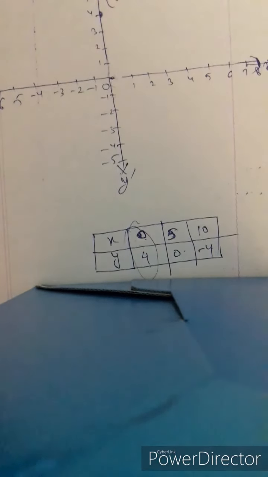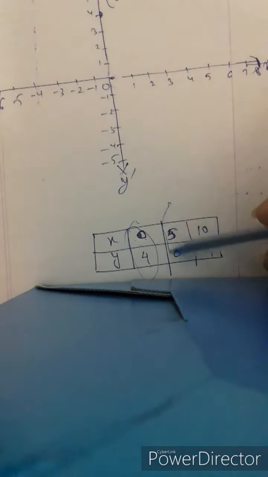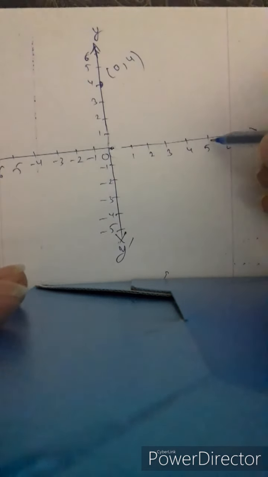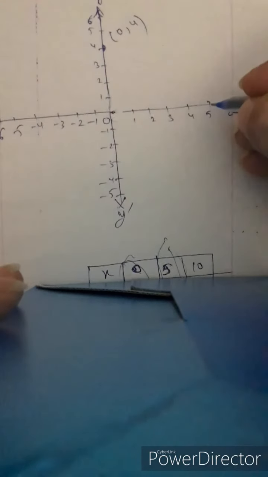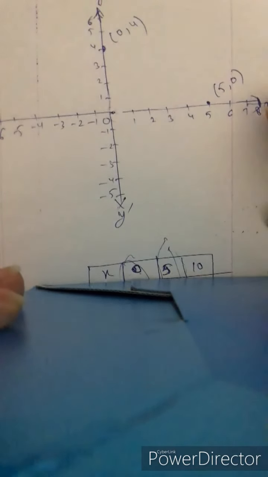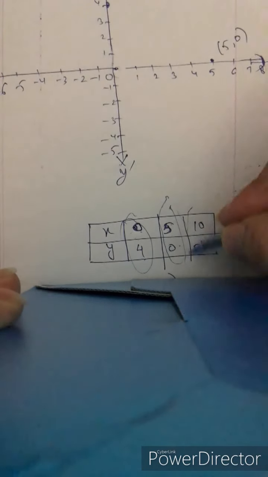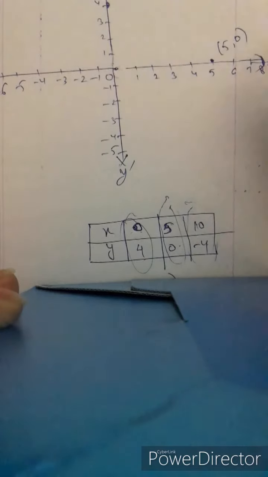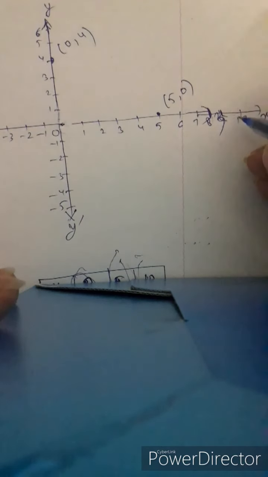Now taking 5, 0: 5 on the x axis and 0 on the y axis, this is the point 5, 0. And 10, minus 4: 10 on the x axis and minus 4 on the y axis. How do we take 10 on the x axis?